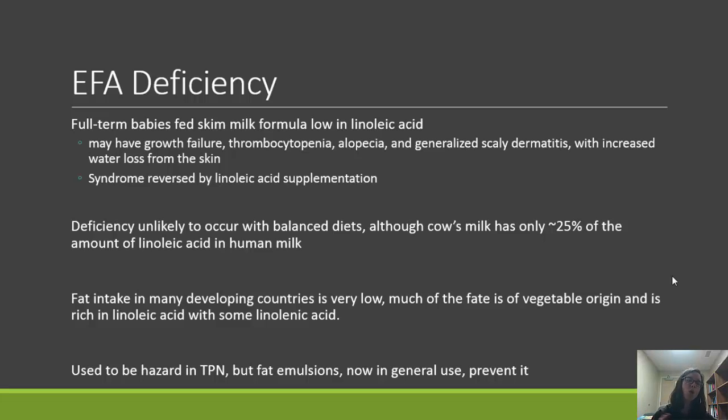So even though there's lower fat, there's a higher proportion of these essential fatty acids. And this is why we really don't even commonly see these essential fatty acid deficiencies even in locations where you would think we might see these because of inadequate food supply. So essential fatty acid deficiency did used to be a hazard with TPN, but now we know this and we use fat emulsions and we can prevent this deficiency.